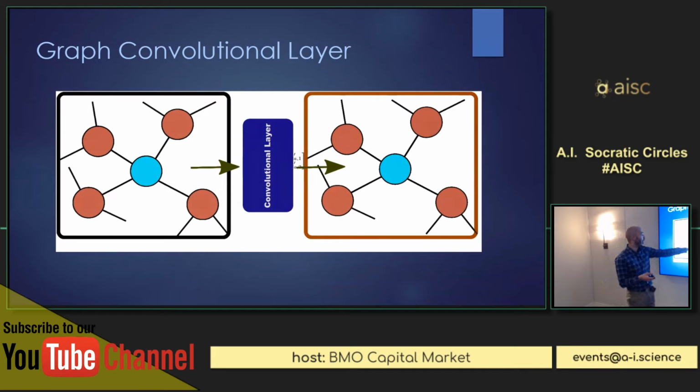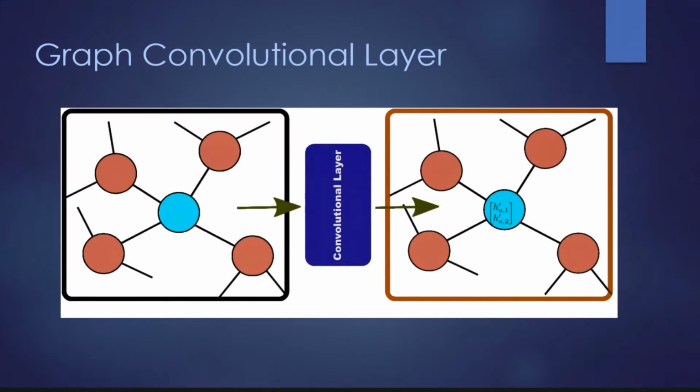Here you had the feature vector in the blue node. It aggregated the neighboring nodes together, passed it through a convolution layer, and output only one feature vector for that node, right? This is not in all convolutional layers. Some also take features from the neighbors of neighbors.